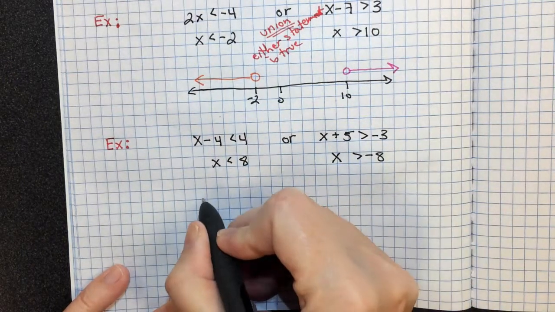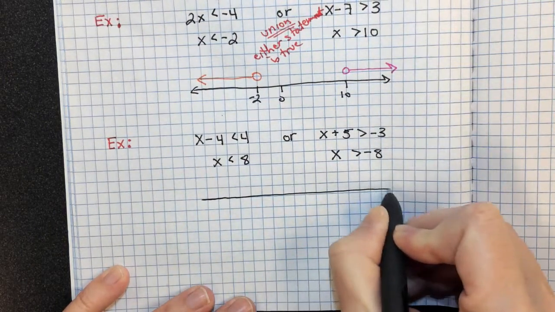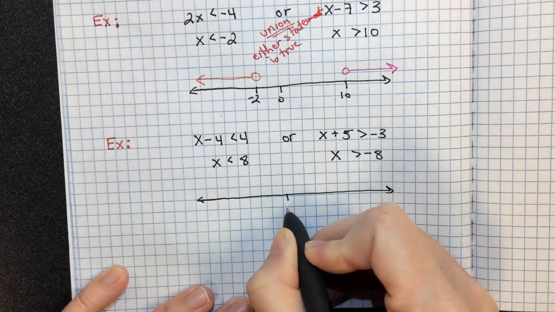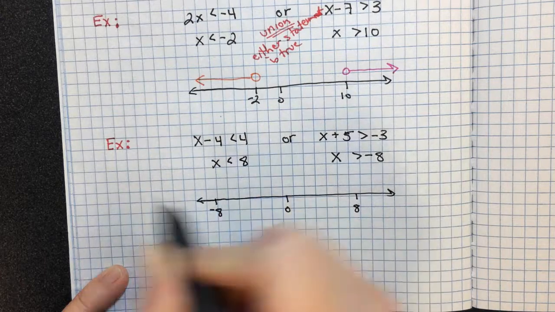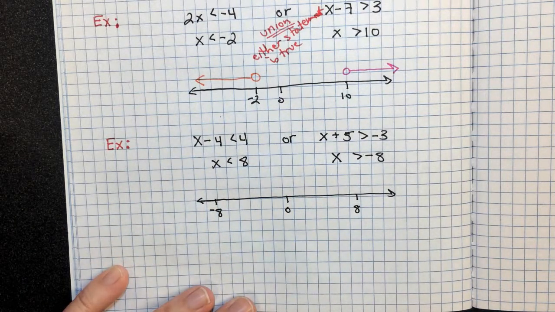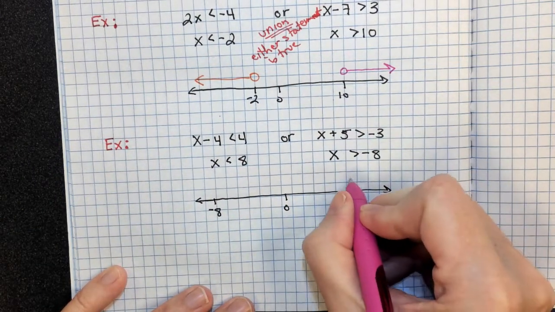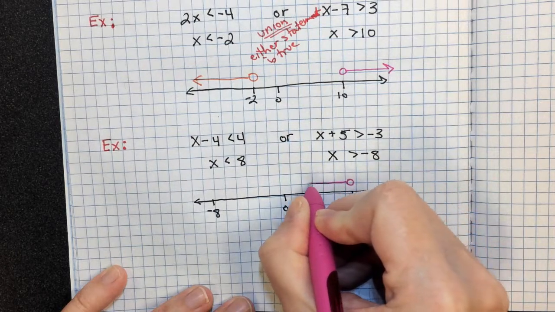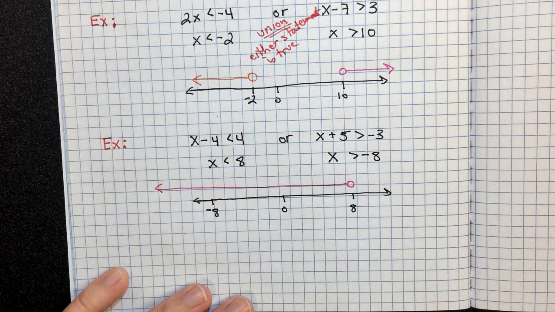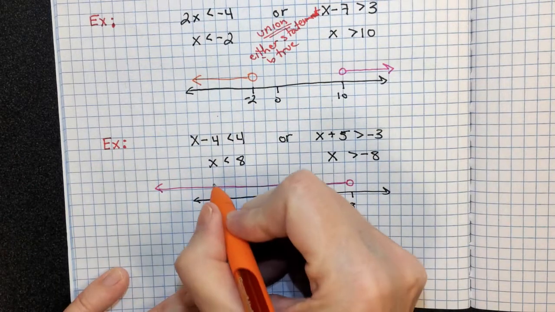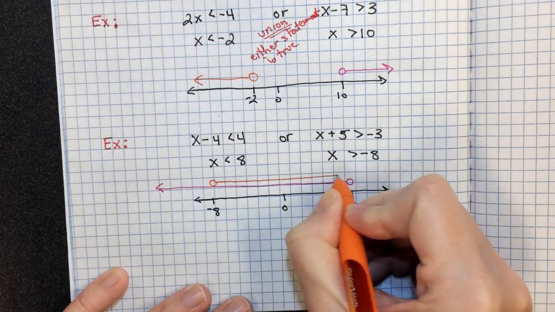All right, so now when I'm graphing this, I have 0, I have my 8, and I have my negative 8. So if I do less than 8, I'm headed out this direction. And if I'm doing greater than negative 8, I'm heading out this direction.